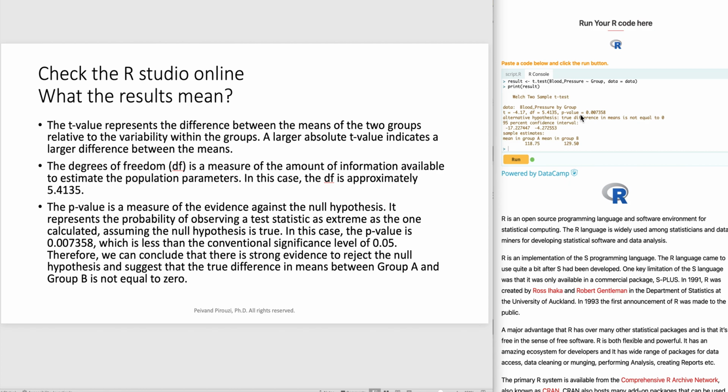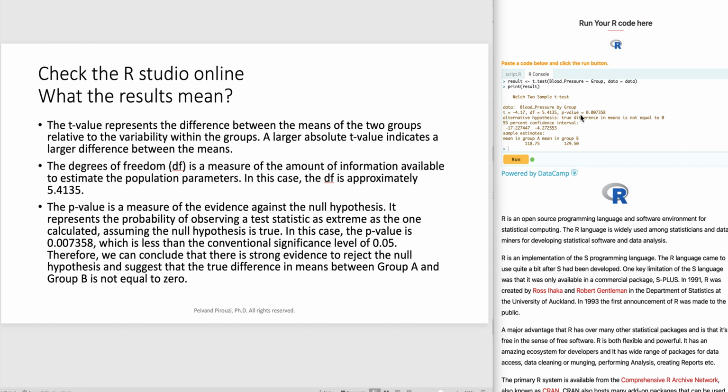So as you see, the p-value, which is 0.07%, is much lower than 0.05. And this means that there is a very high level of statistical significance when we compare those two data sets.